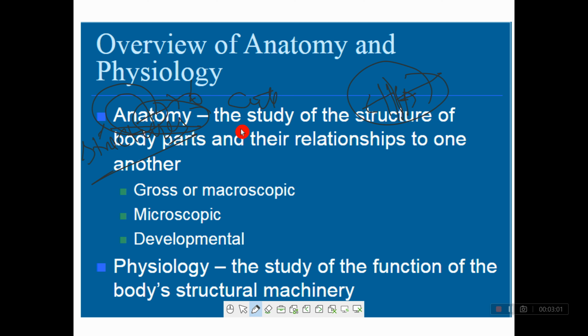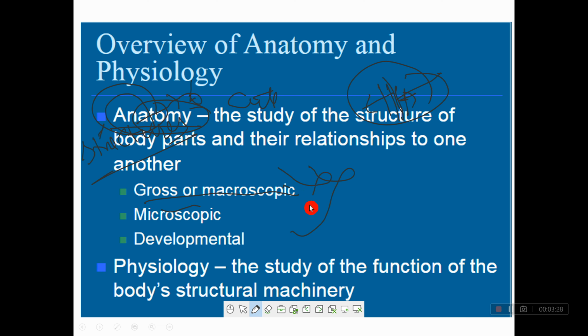Alright. So, what is anatomy? Anatomy is the study of internal structures of any organism. Right. So, what do we study in human anatomy? There are different things that are included in anatomy. First one is the gross or macroscopic study.